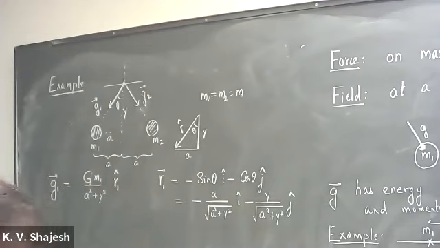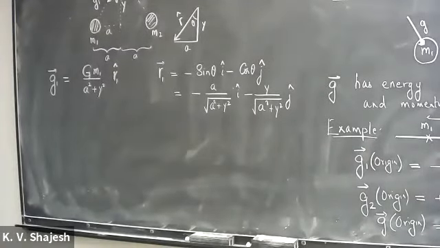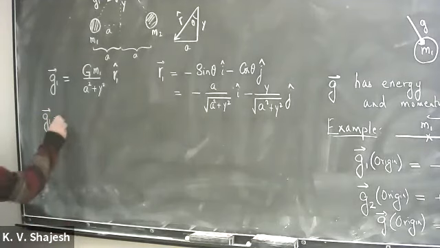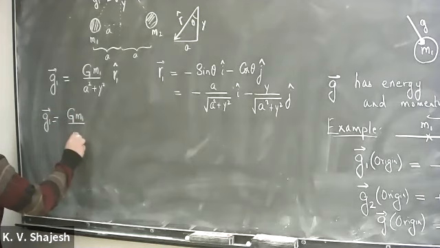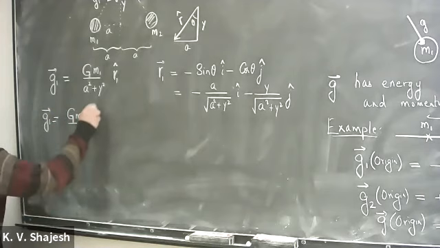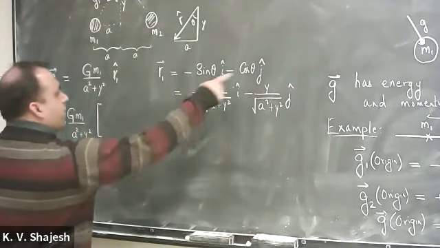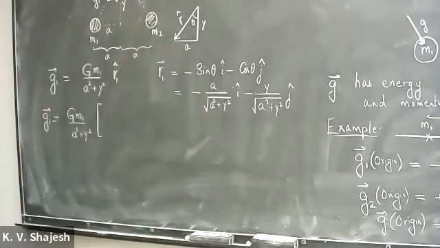That's fine. G1 and G2. Let me write that more explicitly here. So G1, combining these two relations, is G M1 over a squared plus y squared times this unit vector, which has a significant character in it because all this has to contribute. And then we have to talk about the same thing for M2, and they have to add up.